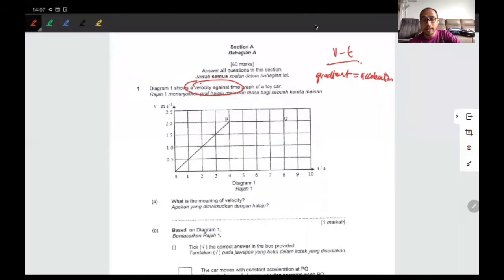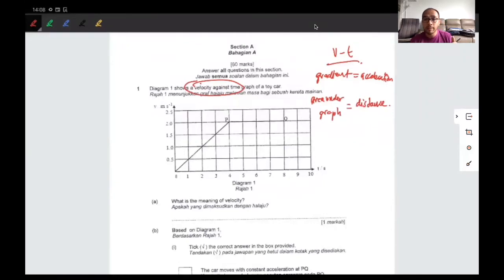And in the velocity time graph, there's an added thing which is the area. The area under the graph represents the distance.